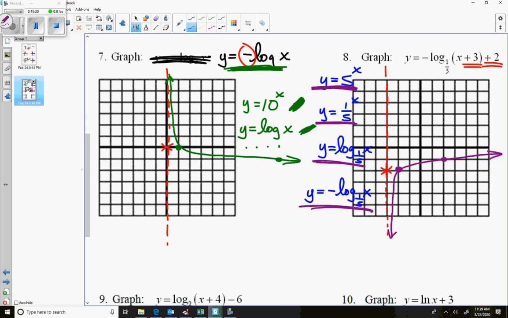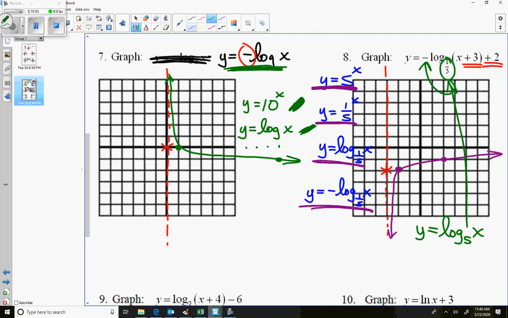Now, it is important to note that yes, that is the exact same graph that you would have got had it been simply y equals log base 5 of x. Just so happens that going from a base of 5 to a base of 1/5 flipped it in the y direction.